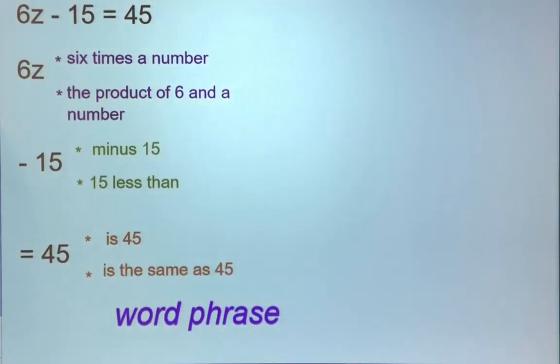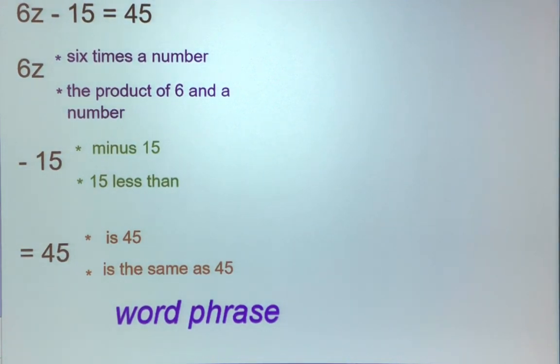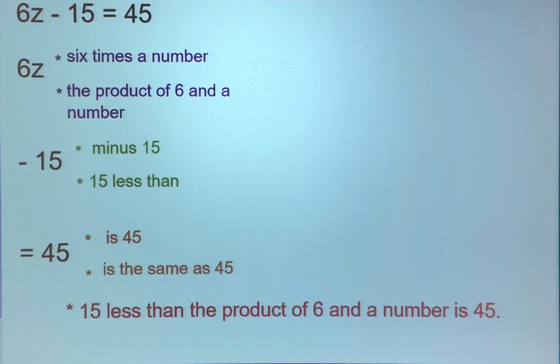So when we take a look at the word phrases we have, we could go with 15 less than, that means we're taking 15 away from something. The product of 6 and a number is the same as 45, or is 45, or we could say 6 times a number minus 15 is 45. So I went with 15 less than the product of 6 and a number is equal to 45.